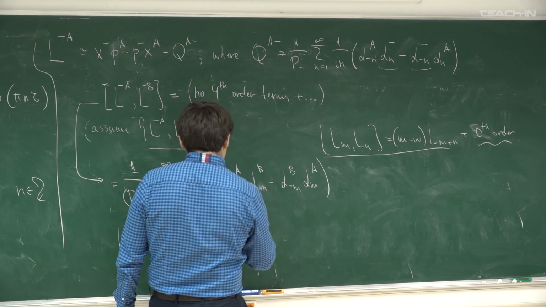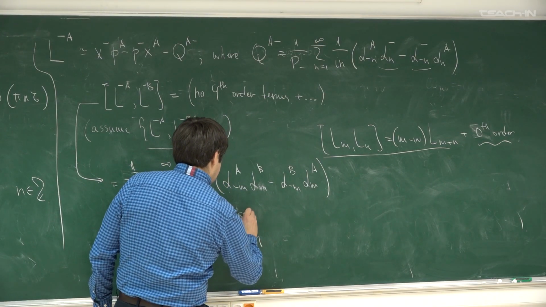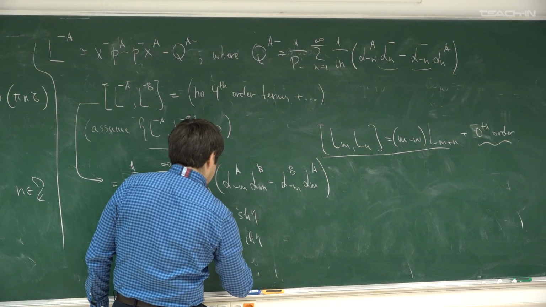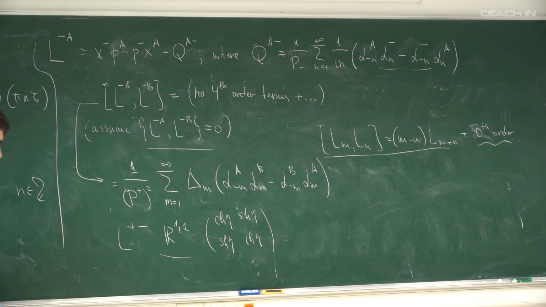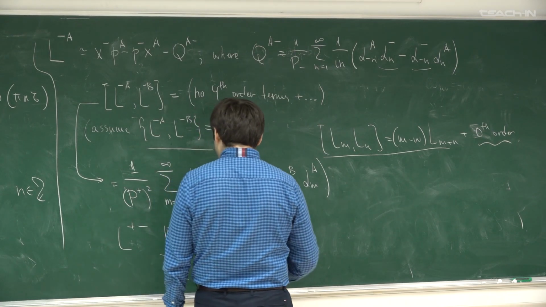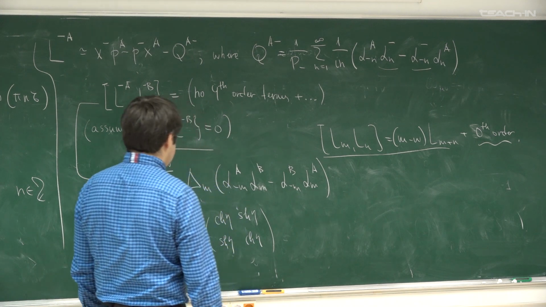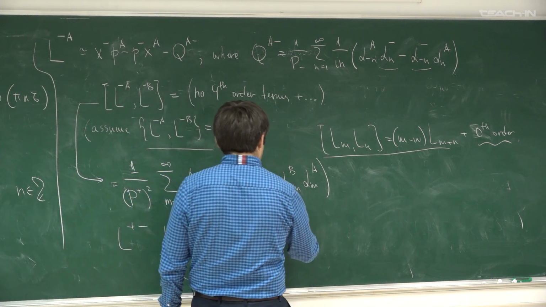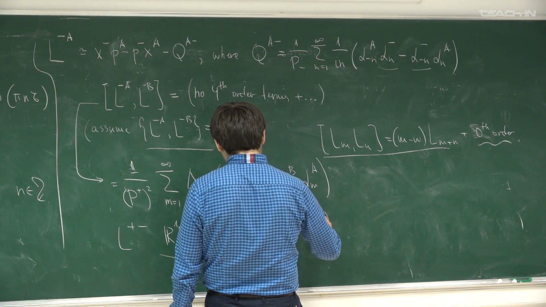Okay, that's a fancy name for this matrix, yes. But that's not the answer to the question. The answer is that this is SO11, and this is just R star.